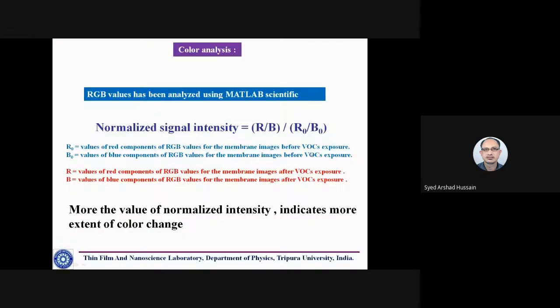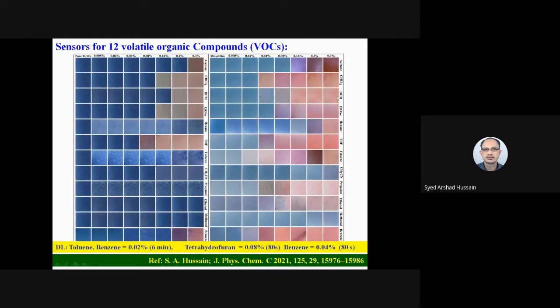Then you see the extent of color change is also different. So by observing the color change, you can have an idea that yes, this volatile compound or gasoline is there, but for quantification it's difficult by observing the color change.